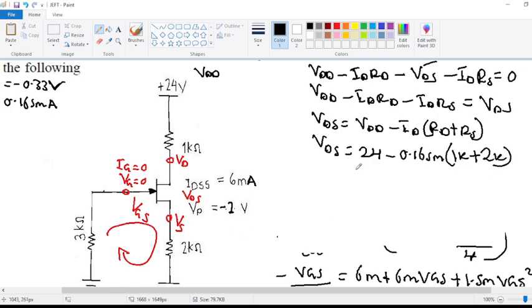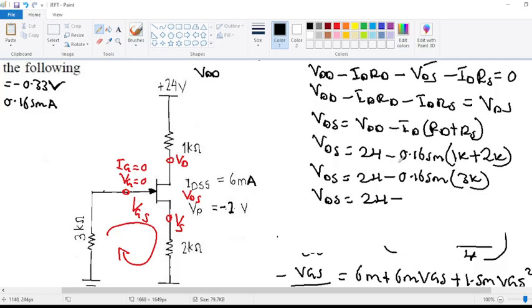2k, we close. So from there our VDS is equal to 24 minus 0.165 milli, open bracket. What is 1k plus 2k? We're going to have 3k there. So our VDS is equal to 24 minus. Now what is 0.165 multiplied by 3k? We're going to have 0.495.